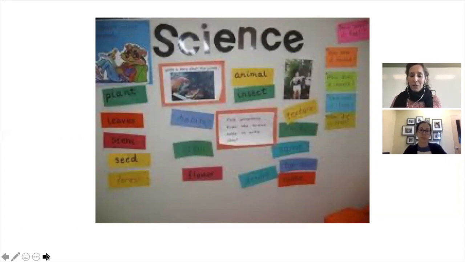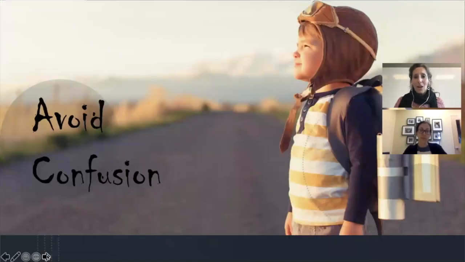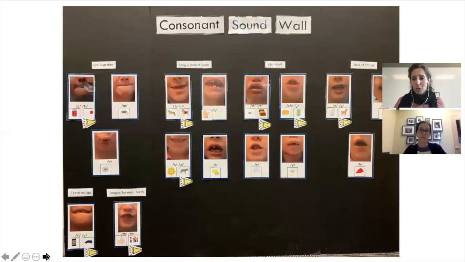So there are different things, but I guess what we're trying to say today is that a sound wall is something that is very important to have in your class, and it's a foundation to provide that strong phonological awareness for your students.